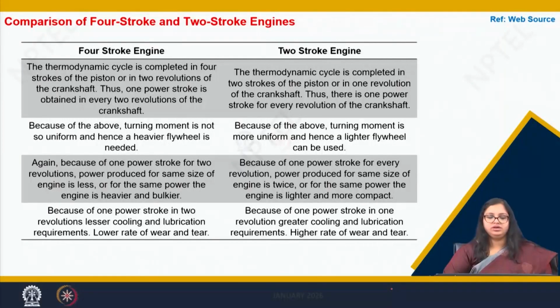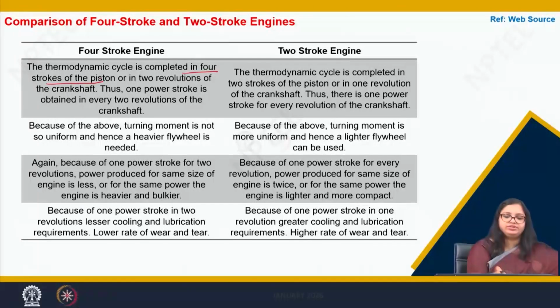What we summarized from this study is that the thermodynamic cycle in a 4-stroke engine gets completed in 4 strokes of the piston, or 2 revolutions of the crankshaft. So there is 1 power stroke in every 2 revolutions of the crankshaft.